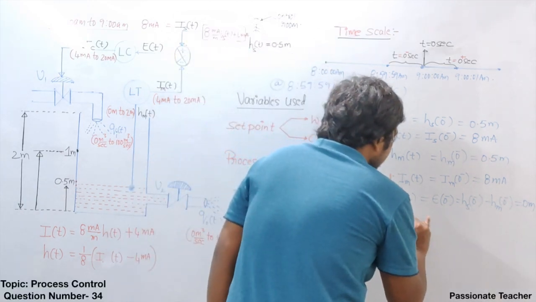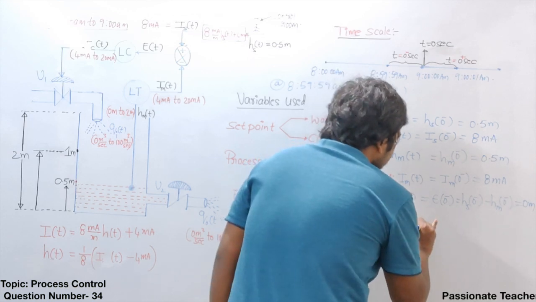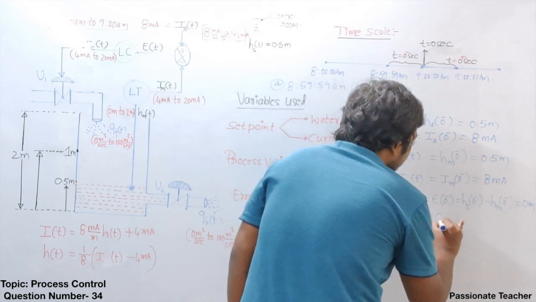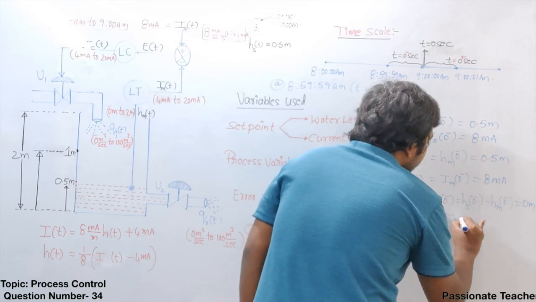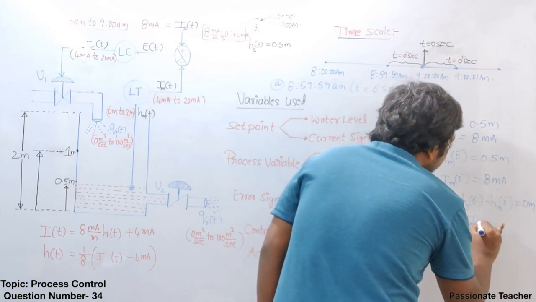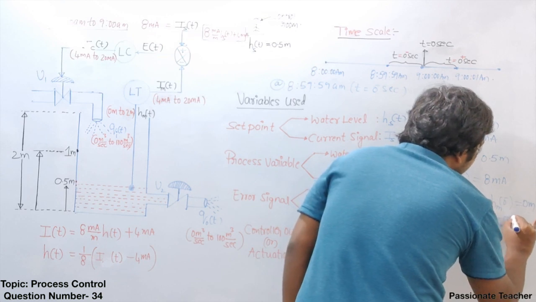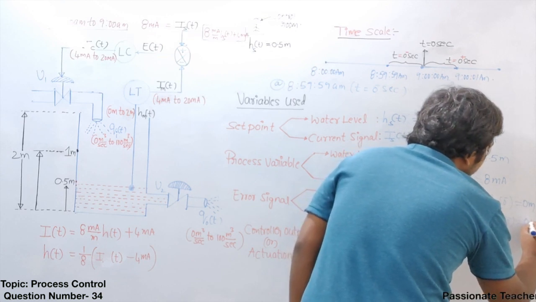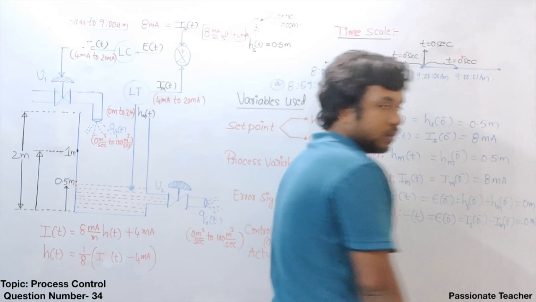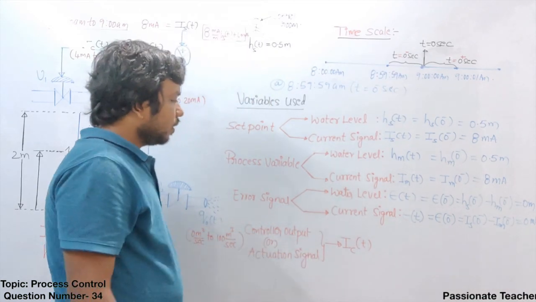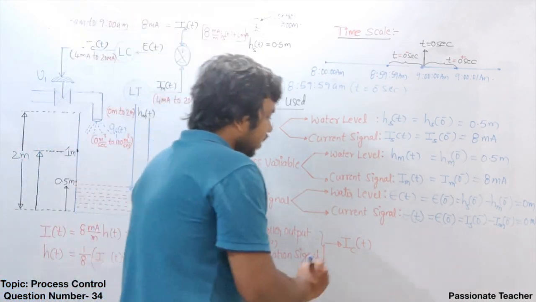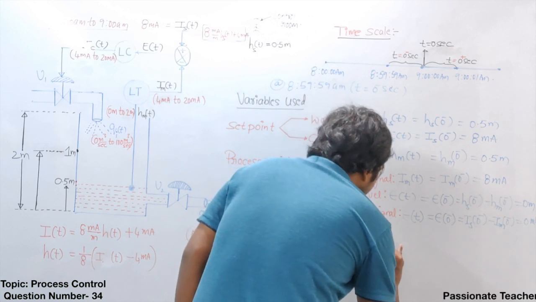What about the current signal? Even if you look at the current signal here, E of t can be written as E of 0 minus, that will be equal to Is of 0 minus minus Im of 0 minus, which comes down to 0 milliampere. Clear? Now when we look at the controller output here, how much should the controller output be? This is a really interesting thing.